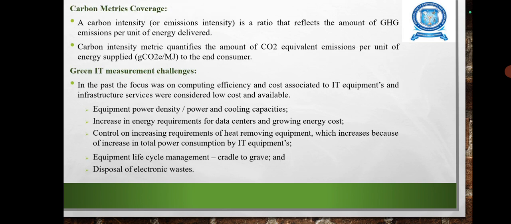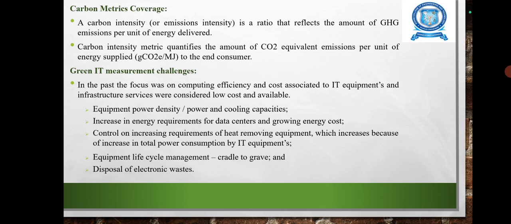Then the next one is carbon metrics coverage. It is the ratio that reflects the amount of greenhouse gas emissions per unit of energy delivered. That means it reflects the operational efficiency and efficiency of the production process. It should be related to the energy that will be delivered to consumers.